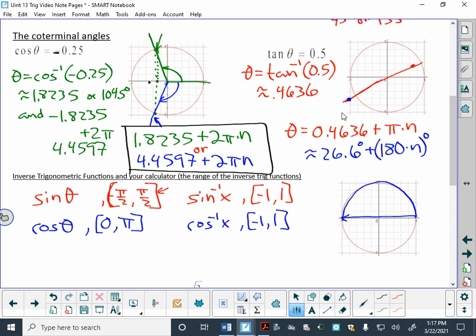And if I were trying to look at this for tangent, tangent is my slope. So I want to cover all of my possible slopes.